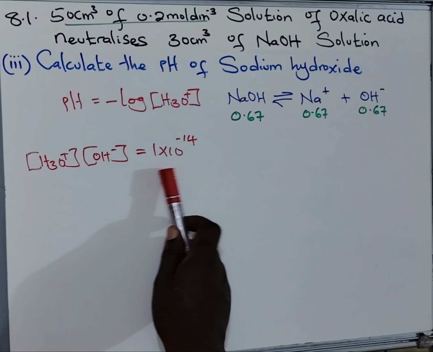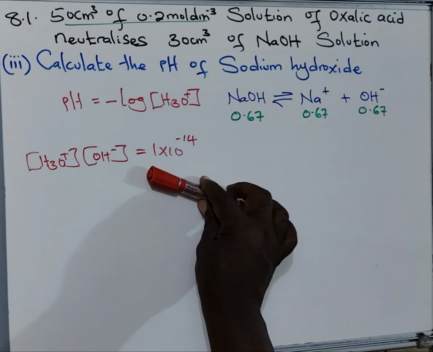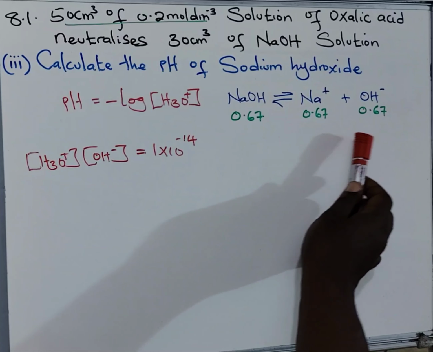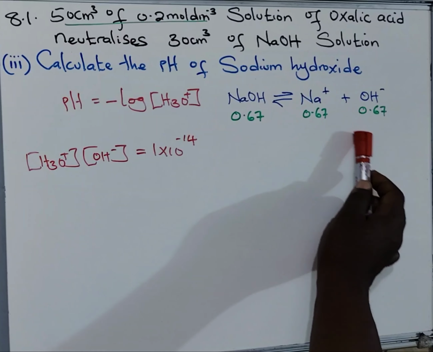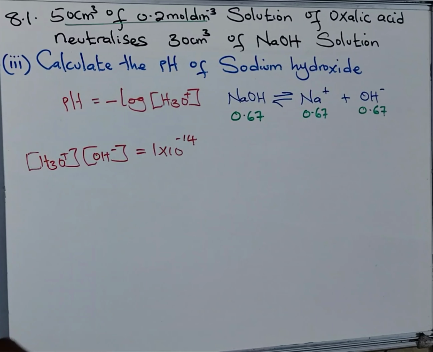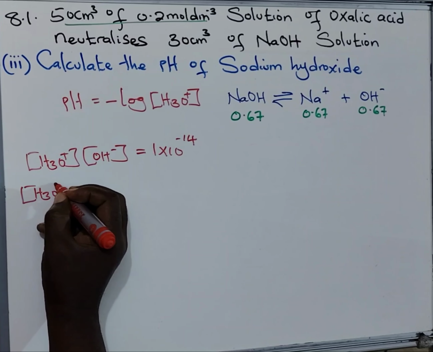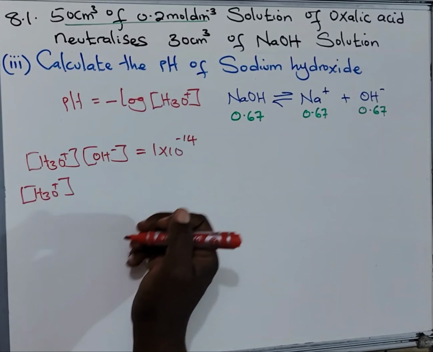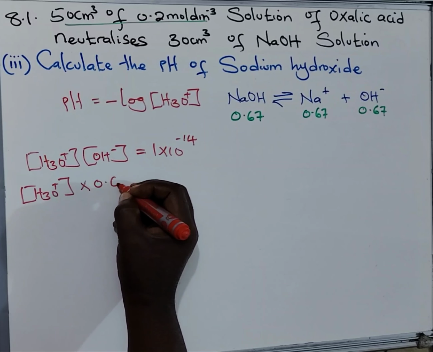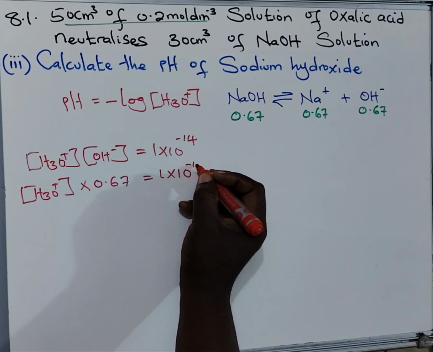This one is constant, so whatever happens here, this one adjusts just to maintain it constant. Okay, so we have the concentration of hydroxide ions, which we can put here. So what are you going to say? We are going to say concentration of hydronium ion, because it's what we are looking for, times 0.67 is equal to 1 times 10 power minus 14.